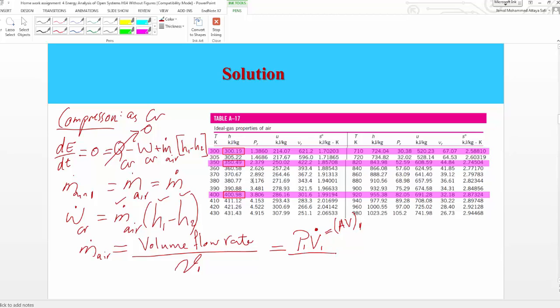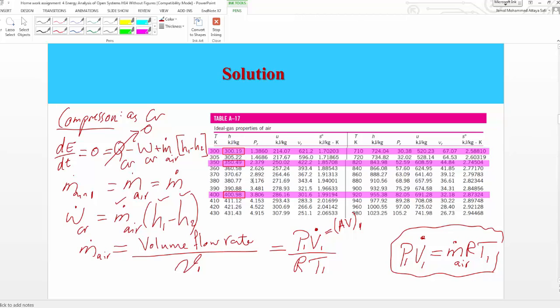This symbol divided by R T1, and remember where we get this from. P1 V1 as a volume flow rate is equal to m dot for the air R T1. This is the ideal gas law, just in a flow rate form.